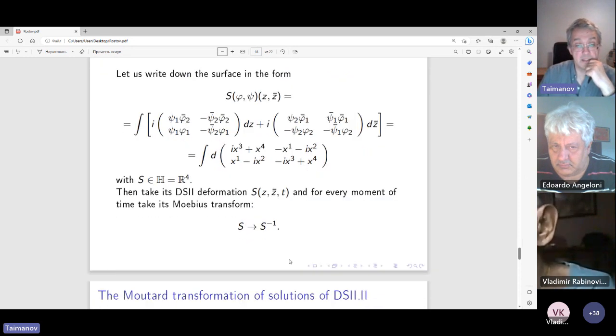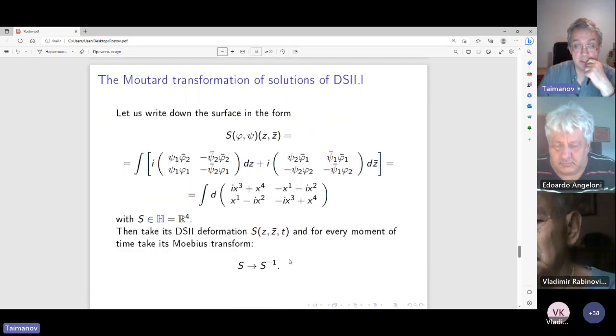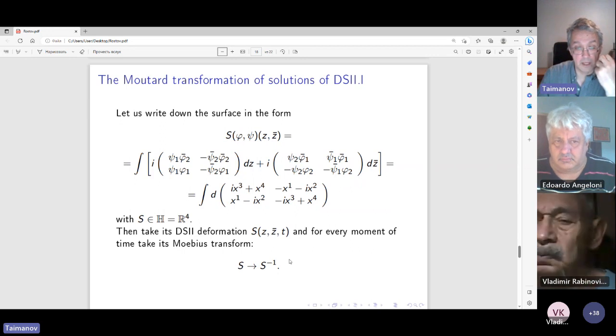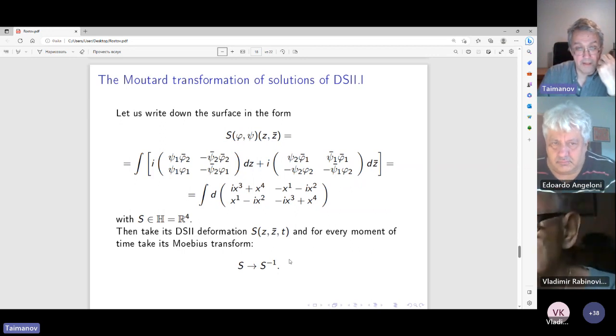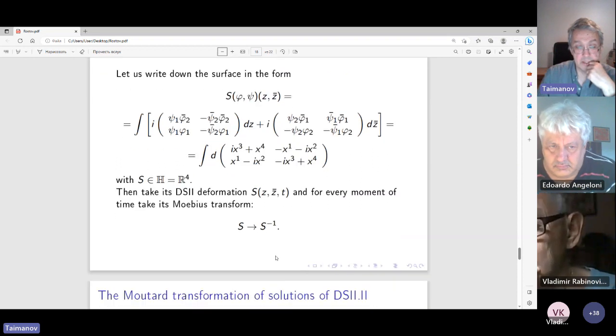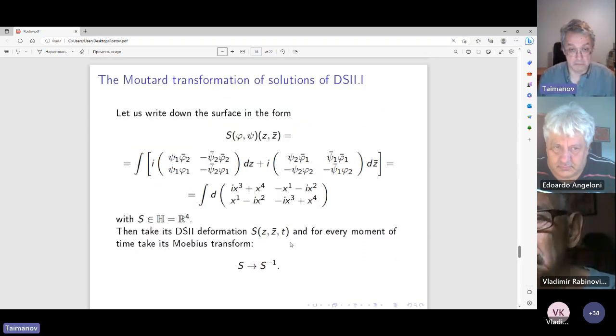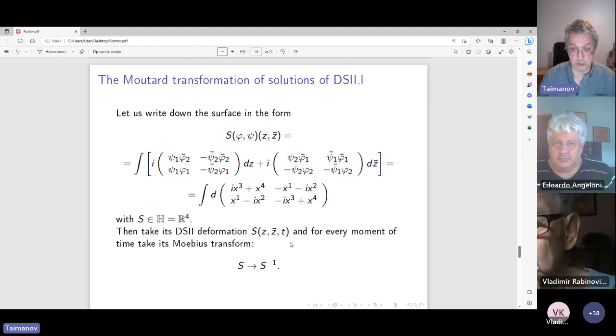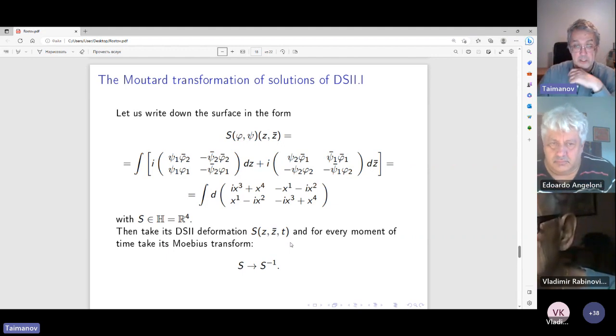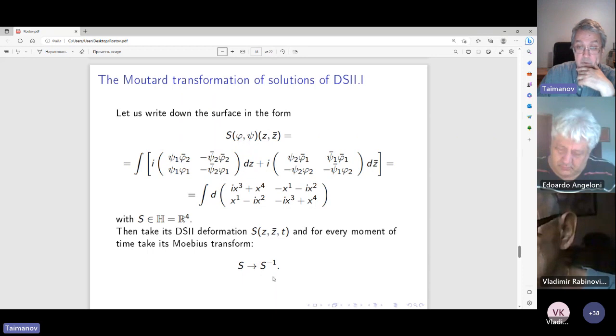And now take the Davey-Stewartson deformation such that for every moment in time it's generated by the Möbius transformation of the surface. So we have the surface S. We have its Weierstrass spinor representation with some potential U and conformal parameter z on this surface. Now take the geometrical Möbius transformation of this surface. It's written very simply. We're just inverting this matrix: S goes into S to the minus 1.